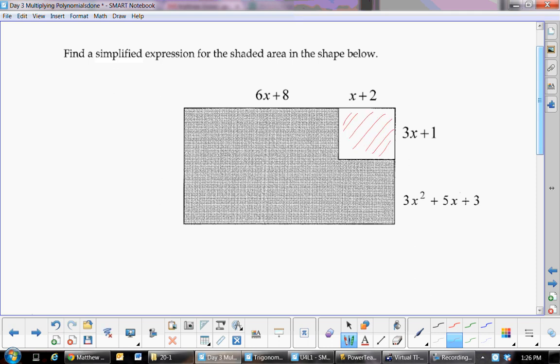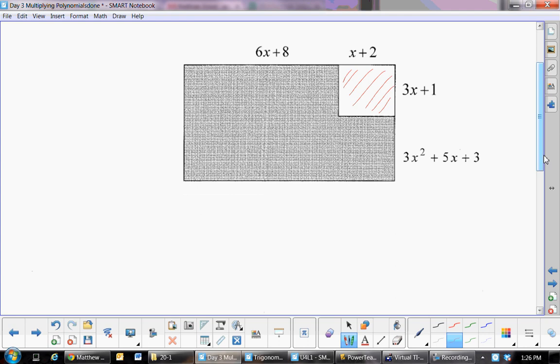The question would be, can you find the area of the large rectangle? What would be your dimensions? Okay, so this would be 7x plus 10. And this would be 3x squared plus 8x plus 4.